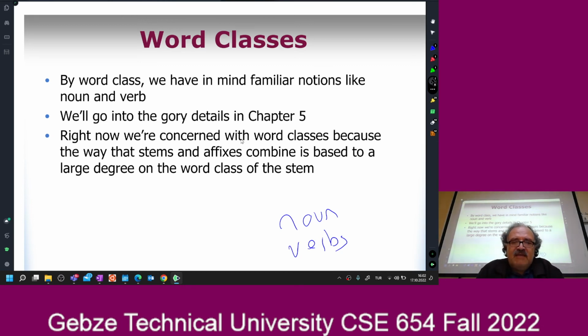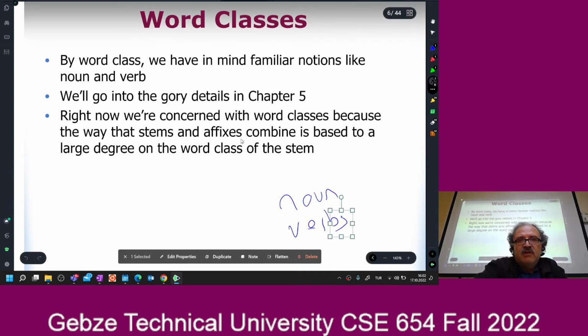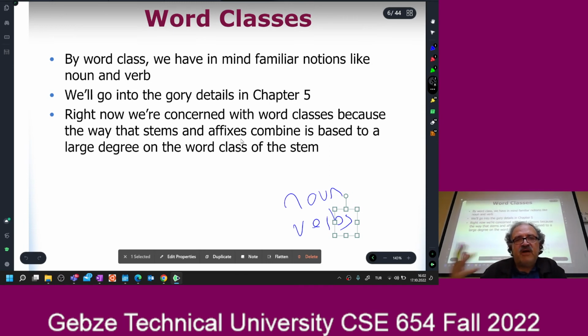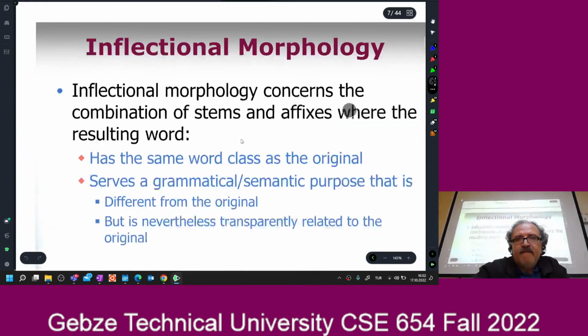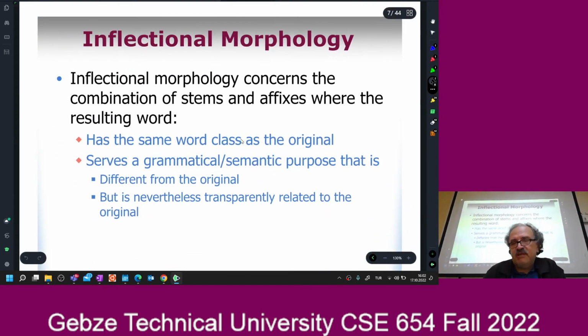Fiil ve isim. Okay? Fiil, the verbs, and nouns. Okay? Nouns and verbs. And later in chapter number 5, there will be lots of word types, and we will talk about them.